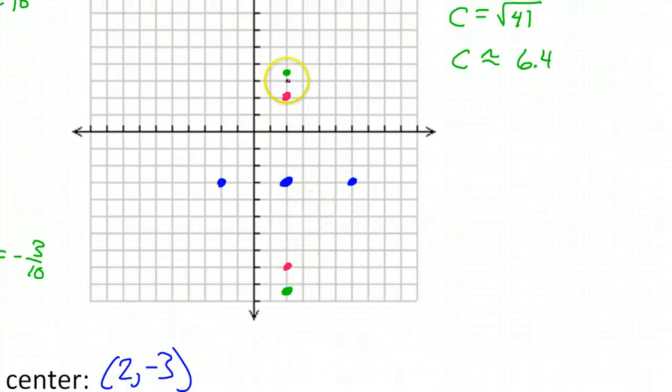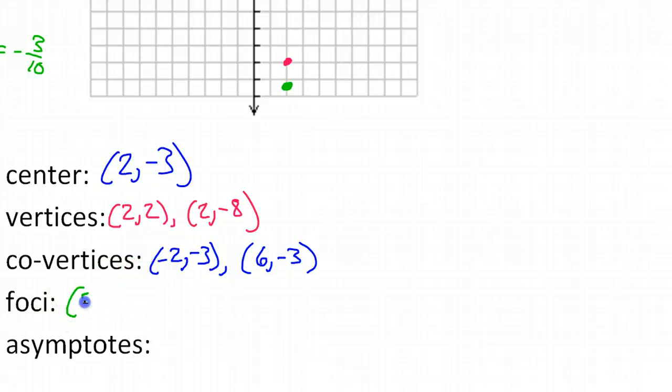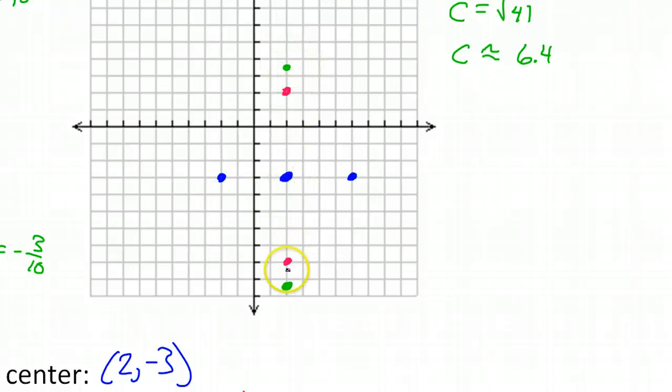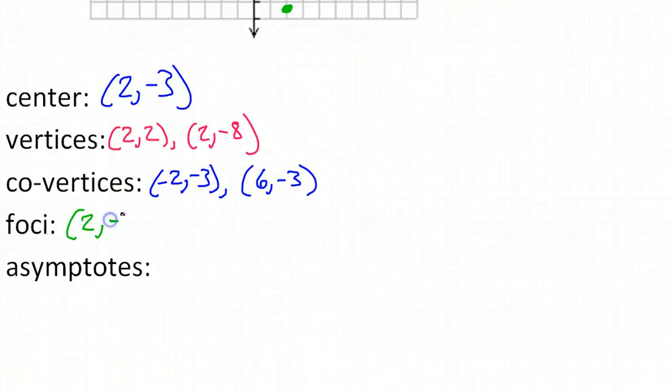So this top point, well, first of all, the x value is 2, plain and simple. Both of these points are over 2. So the foci are definitely going to be 2 comma something. But for the y value, moving up and down, it is negative 3 plus radical 41 for the upper one.